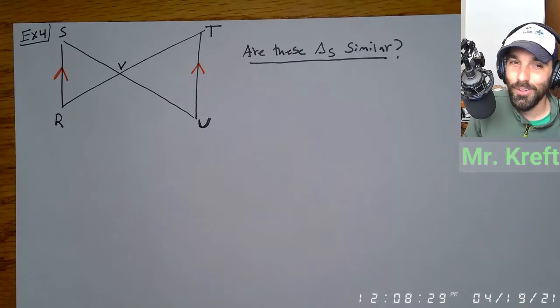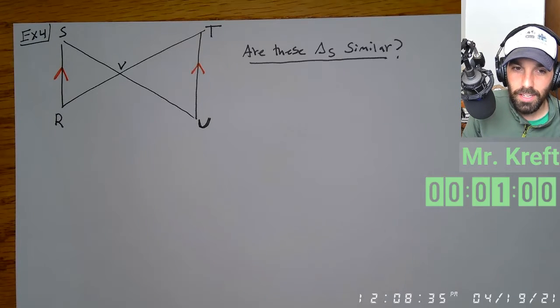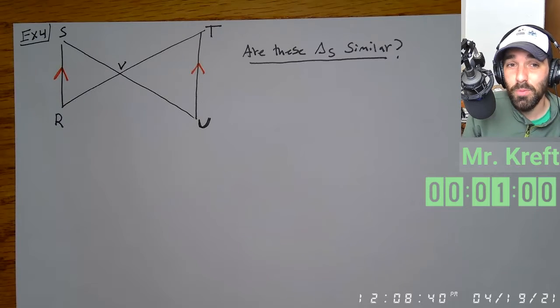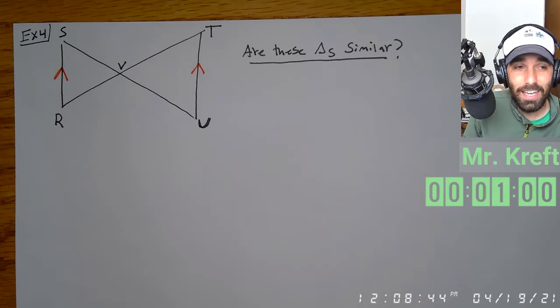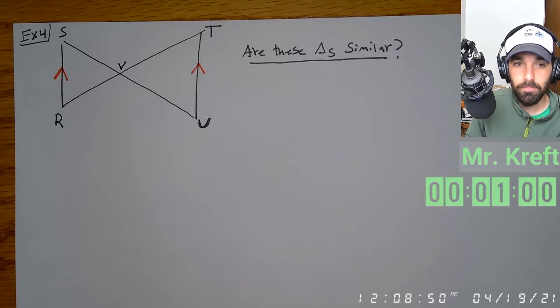And again, you are looking at these and you're saying, okay, can I piece together using properties that we've talked about? And can I say these triangles are similar? Okay. Now remember, we only have one way to prove triangles similar, and that's a similarity. So you're looking for, can I show that at least 2 pair of corresponding angles are congruent?